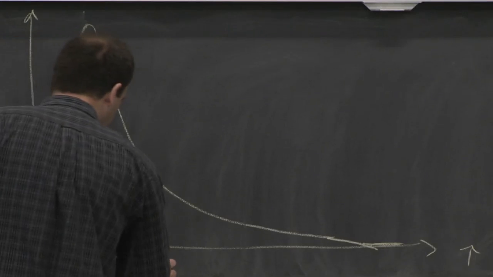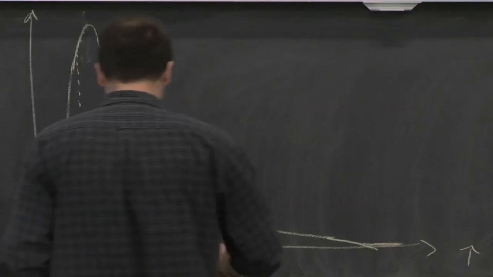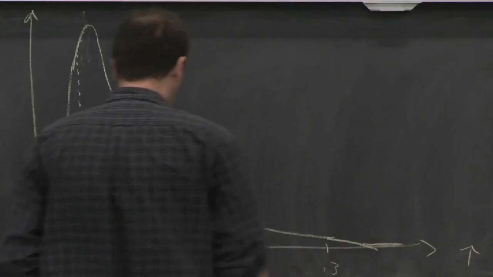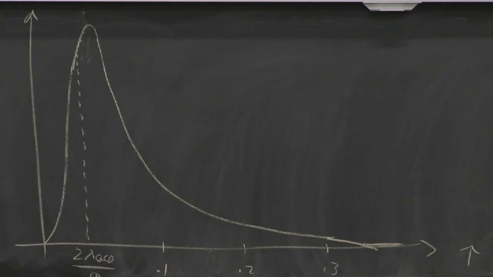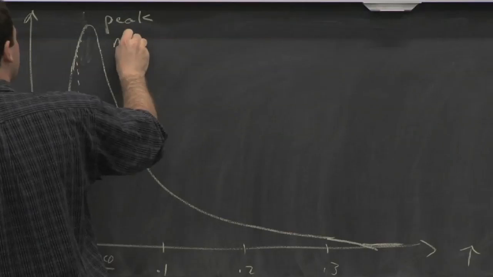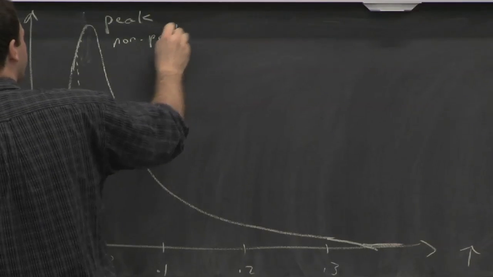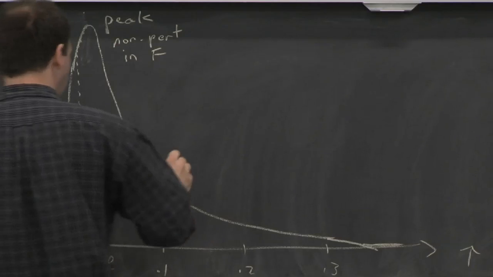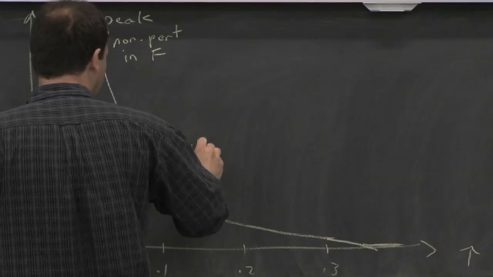And then, depending on the value of Q, but for a typical configuration, tau equals 0.1 would be somewhere over there, et cetera. So this is the peak, aptly named because it looks like a peak. And in this peak, there are non-perturbative effects that come through the F. This is the tail.